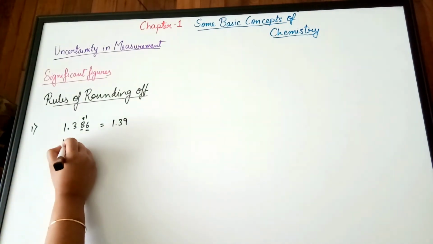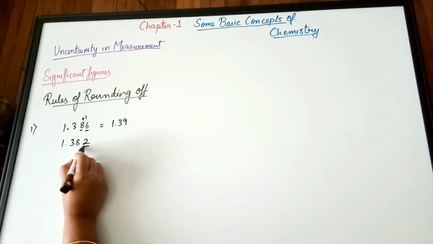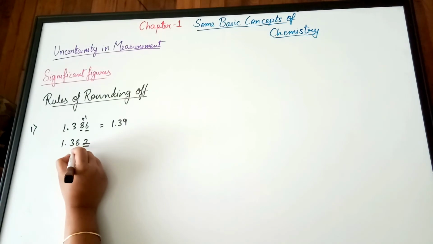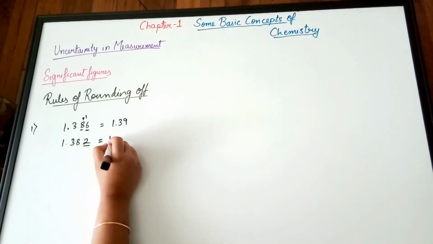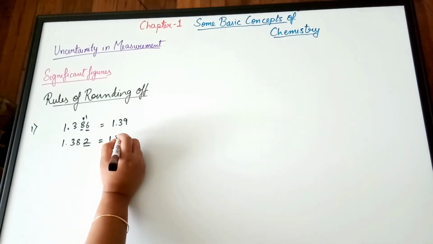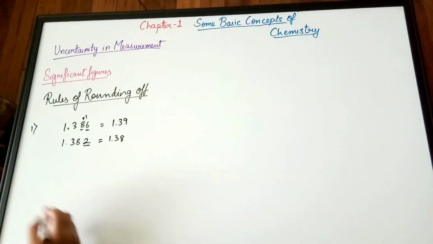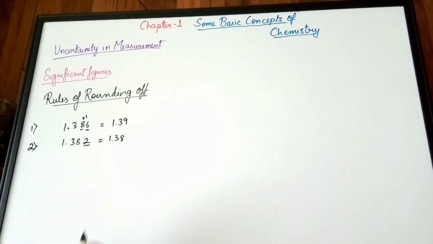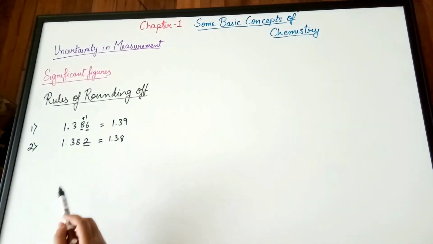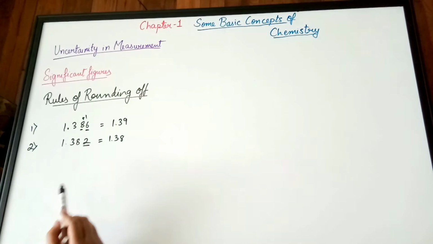However, if I had 1.382, this value is less than 5, so it will just be removed and there will be no change. So 1.38. That is our second rule: when it is more than 5, plus 1 is added, and when it is less than 5, there is no change and it stays the same.